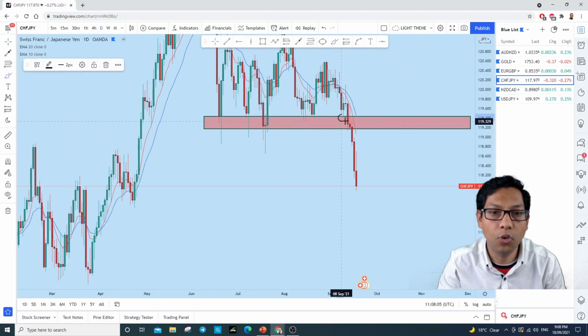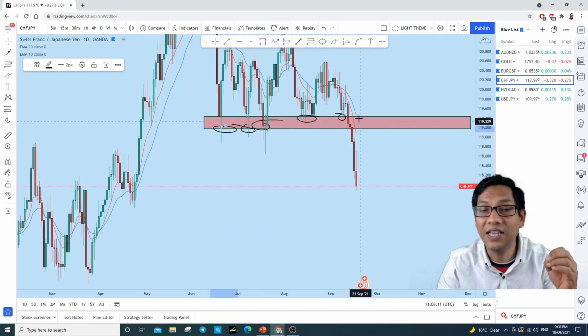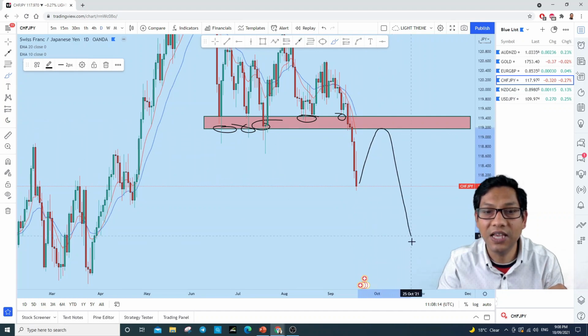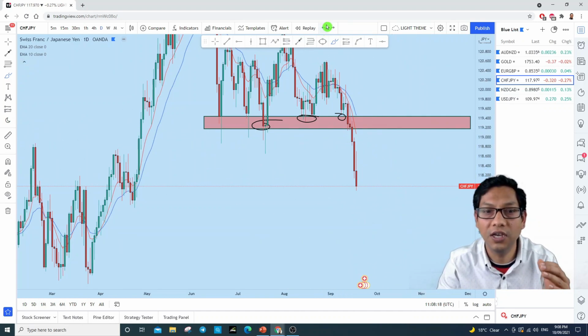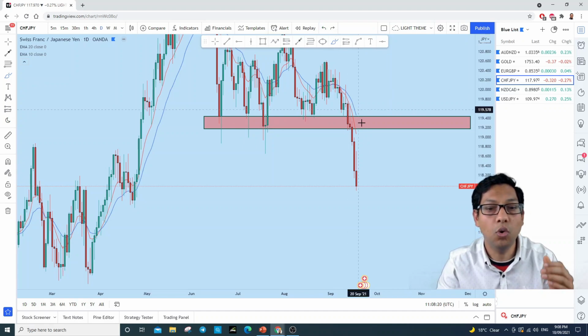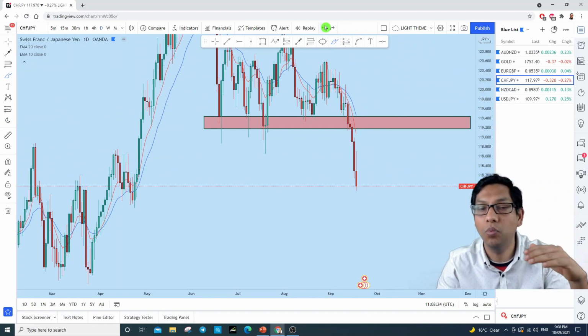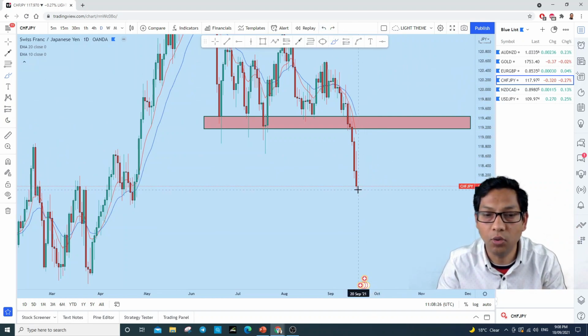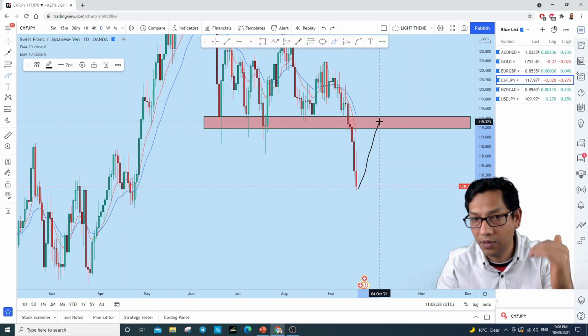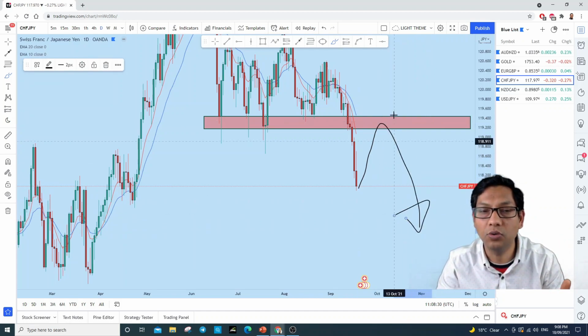We see support here, back to back, support here, support here, so we might see a test as resistance, and then dropping to the downside again to continue its downtrend. Or even we might see it break all these levels above, who knows, but as a trader we can expect it to test this level and then drop to the downside again.